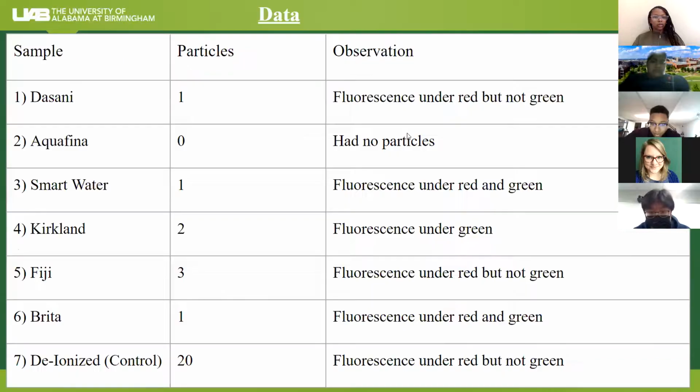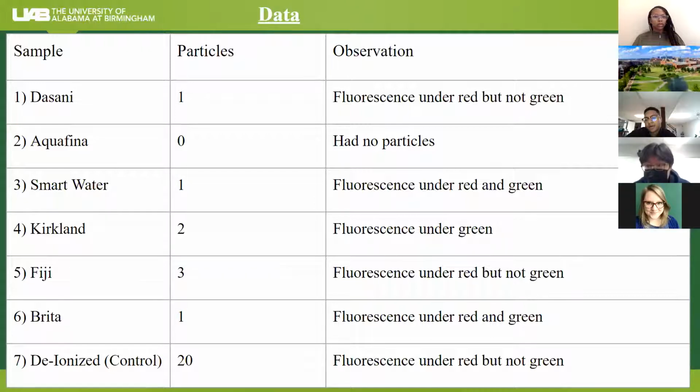If a substance only fluoresced under green, then it was considered an inorganic particle, maybe something like a microplastic. But if it fluoresced under red and green, then since we got our deionized water, our control group, from tap water from a faucet, we just assumed that it may have been rust, and that's what the case was.